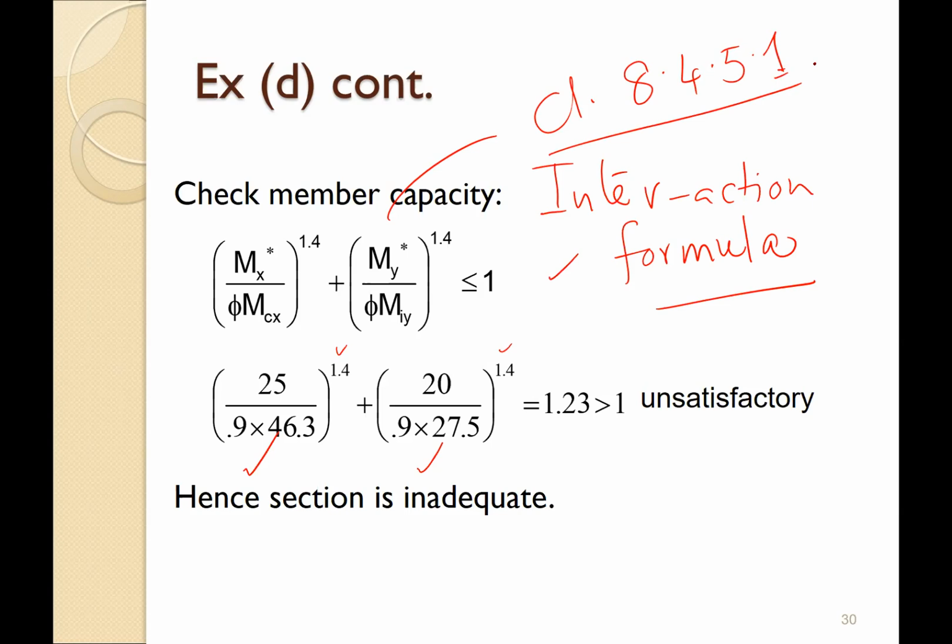Okay. So that's the capacity of a compression member. Now for a tension member, you have a different clause, the next one. So the section is inadequate. That means you choose a different section and then you move on, or check again whether it is satisfied or not.